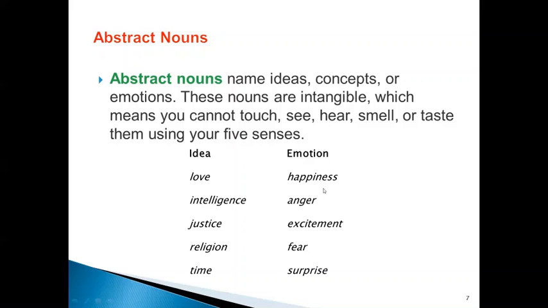Emotions such as happiness, anger, excitement, fear, and surprise. All of them are known as what? As emotion nouns. And here, as a type of the nouns, we can call them abstract nouns.